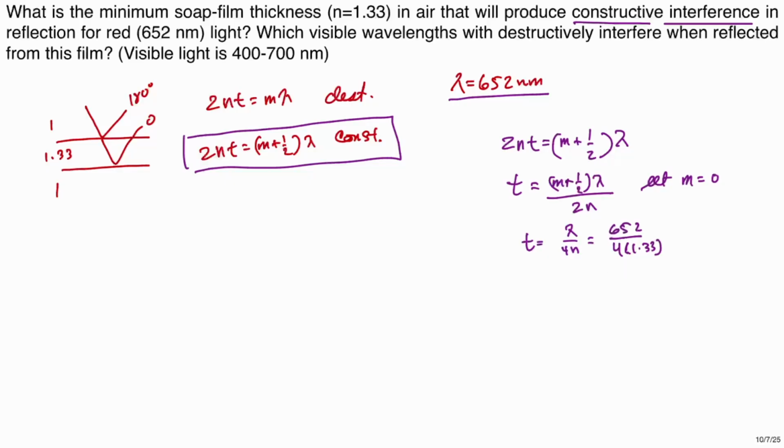Would you get 122.5? We'll just call it 123 nanometers. Okay, so what is 123 nanometers? It's thickness, right? It's the thickness of the film.